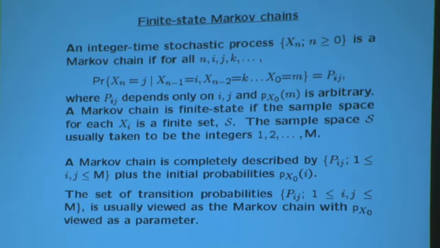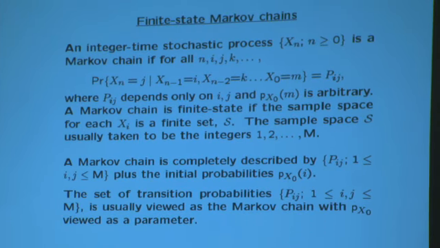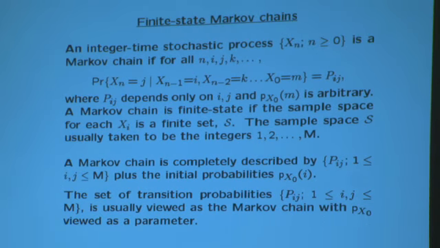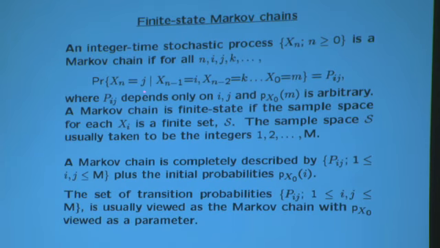We're not talking about an arrival process. We're just talking about a frog jumping around on lily pads. If you arrange the lily pads in a linear way, the probability that the nth location is equal to j, given that the previous locations are i, k, back to m, is just some probability p sub ij, a conditional probability of j given i.